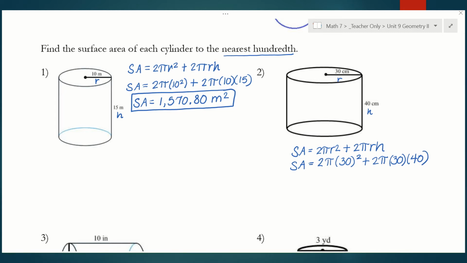Okay, so now if I put that in my calculator, I'm going to have 13,194.69 centimeters squared.